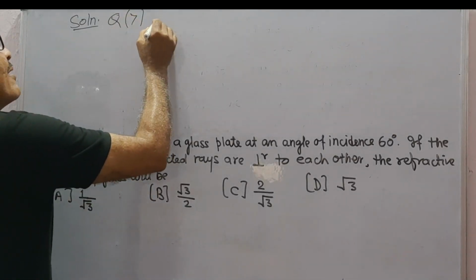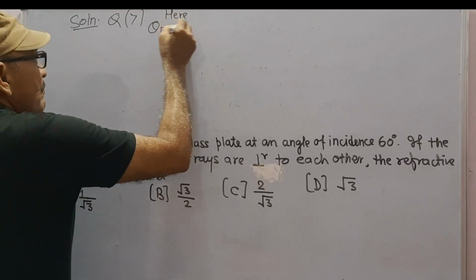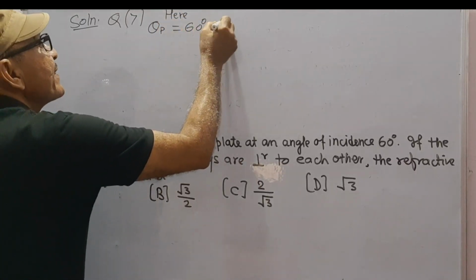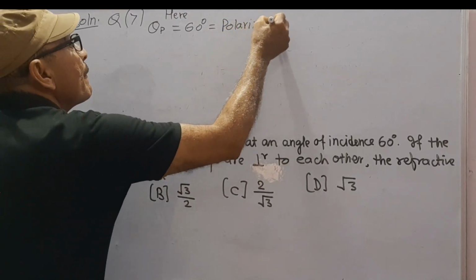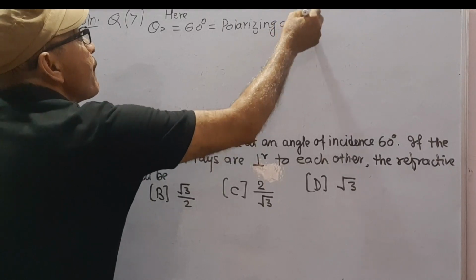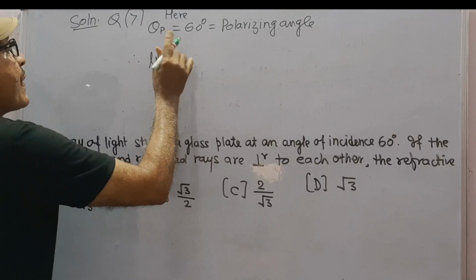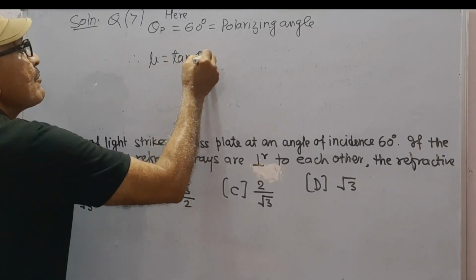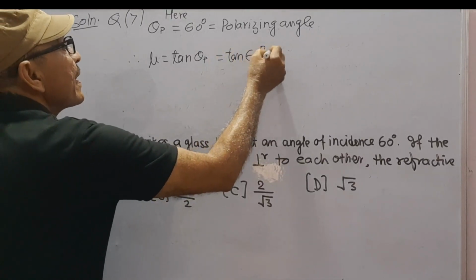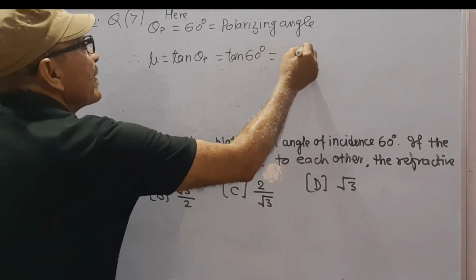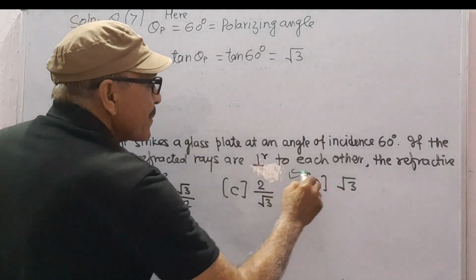Therefore, theta P will be equal to 60 degree, which is polarizing angle. Therefore, refractive index will be mu equal to tan theta P, tan 60 degree, that is root 3. Therefore, the correct option will be D.